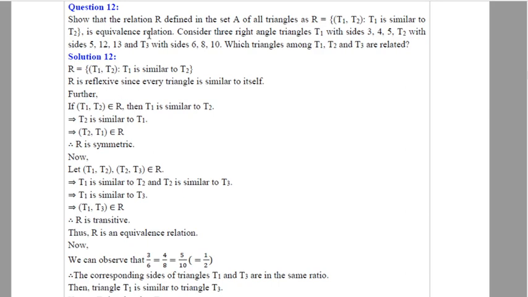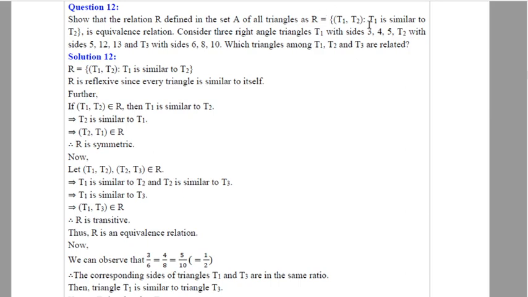Next, show that the relation R defined in the set A of all triangles as R = {(T1, T2): T1 is similar to T2} is an equivalence relation. Consider these right angle triangles: T1 with these sides, T2 is this, and T3 is this. Which triangles among T1, T2, T3 are related?